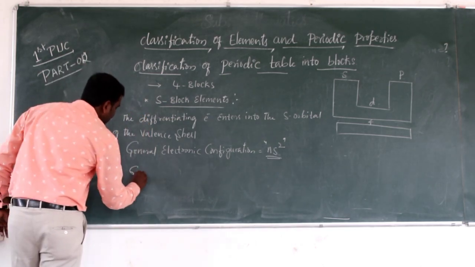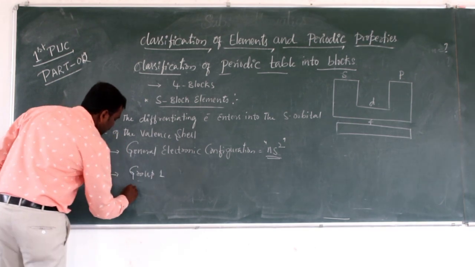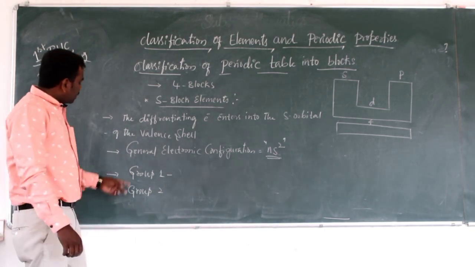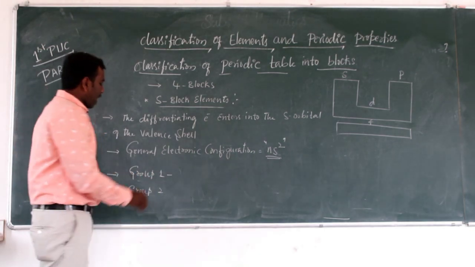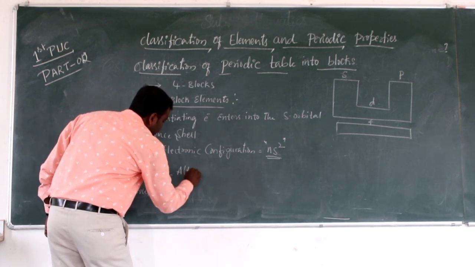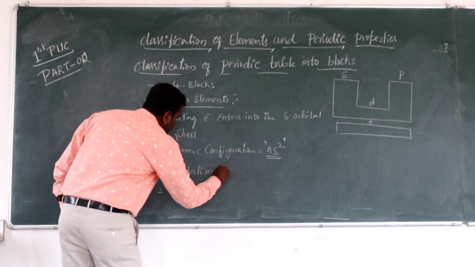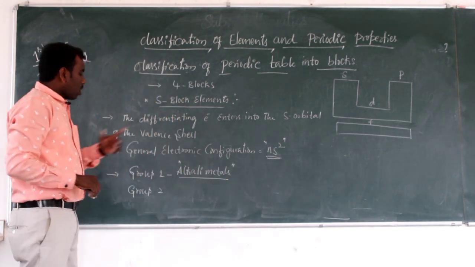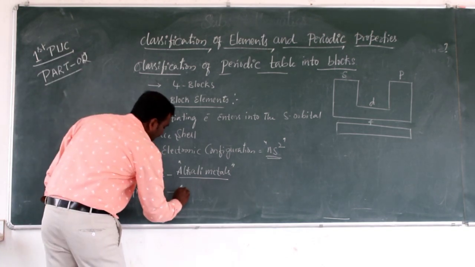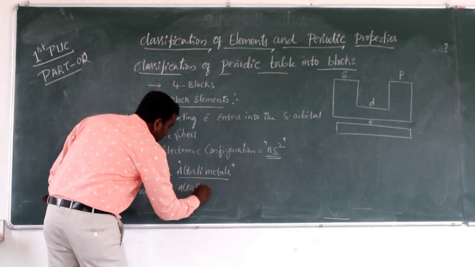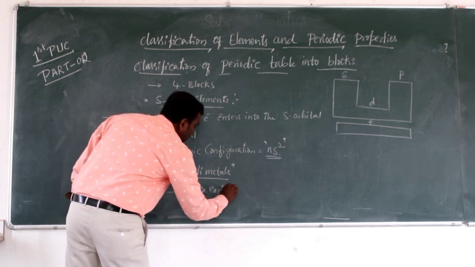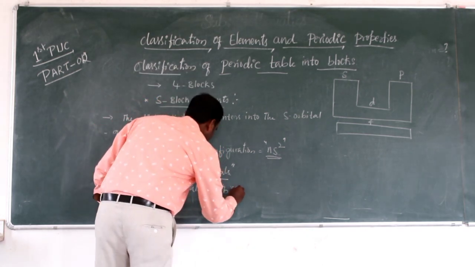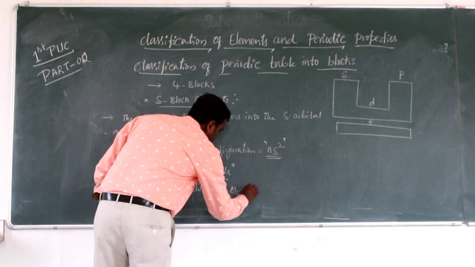Group first and group second. See, the group first elements are called alkali metals, and the group second elements are called alkaline earth metals.